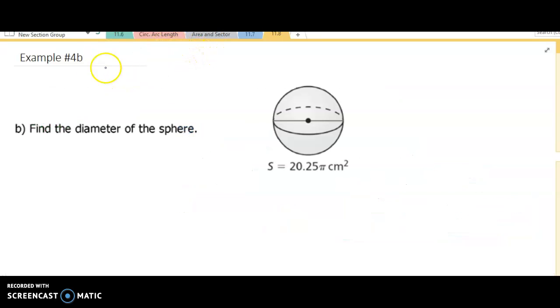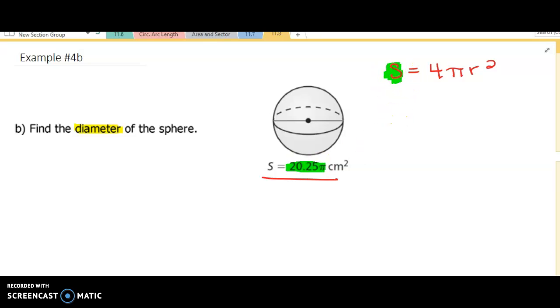All right, let's look at example 4b now. Here we want to find the diameter. Okay, well, guys, if I have my radius, I can just double it, and there's my diameter. So I'm going to use what they give me. They give me surface area. So I'm going to use what I know about surface area and find my radius. So my surface area is 20.25 pi.